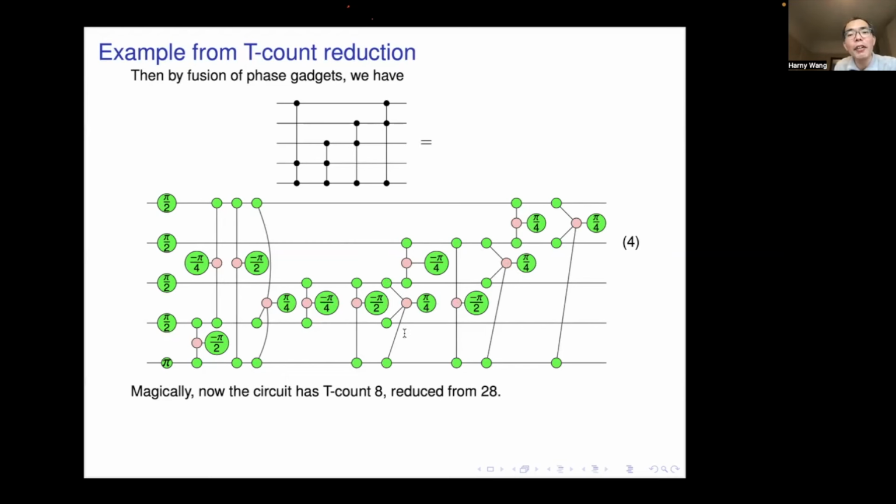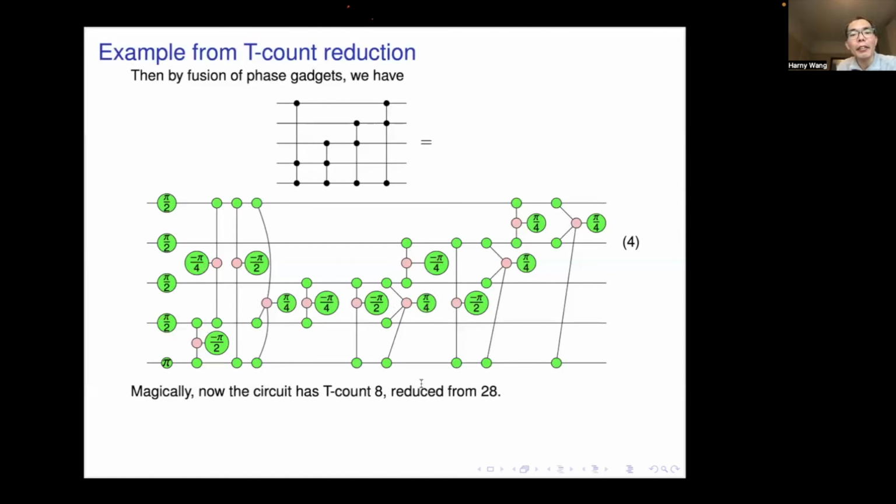But for now, as we said from the beginning, we have 4 CCZ, and each CCZ has T count 7. So 4 times 7 is 28. But after we do this cancellation and fusion, let's count how many pi by 4 now. 1, 2, 3, 4, 5, 6, 7, 8.